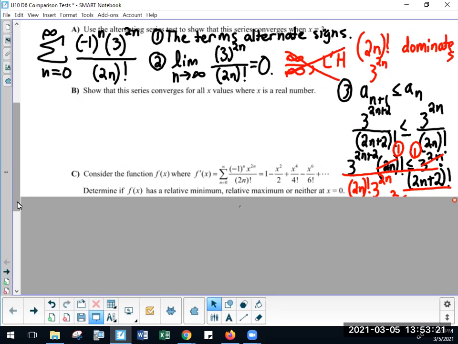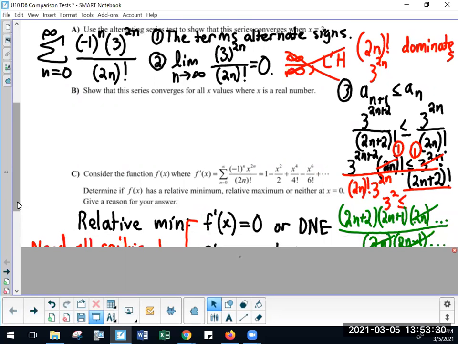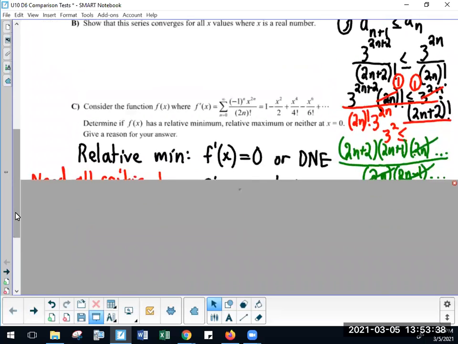So determine if f has a relative minimum, relative maximum, or neither at x equals 0. I know how to do that. I can determine if a function has a relative maximum or minimum by first determining where the function has a first derivative that equals 0 or does not exist, and changes sign.